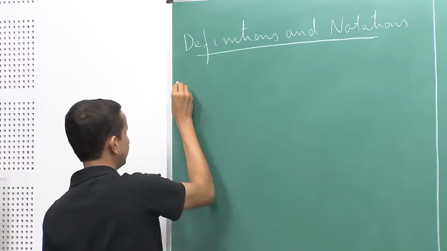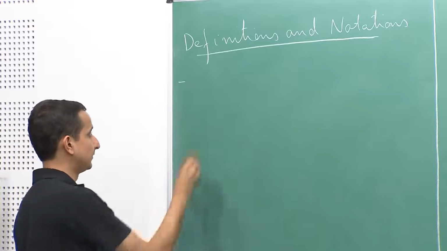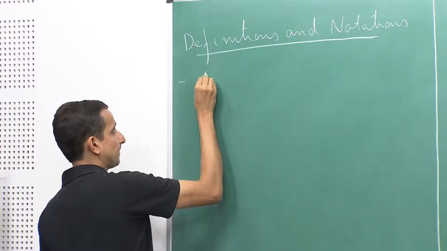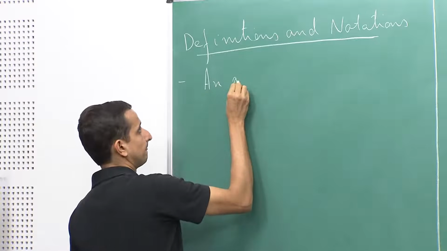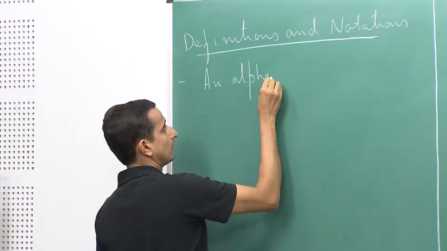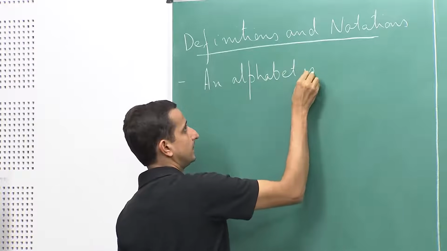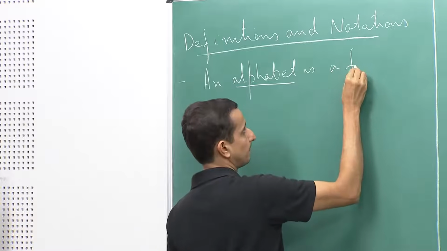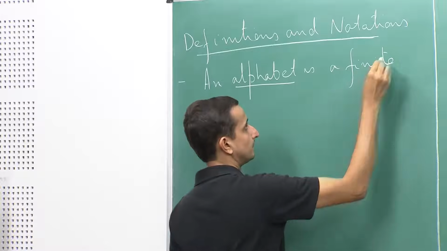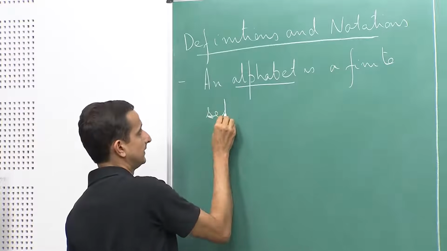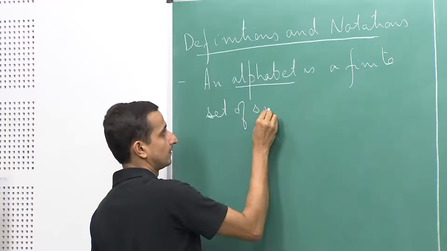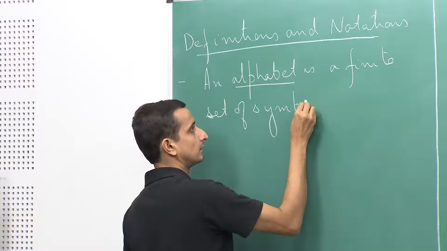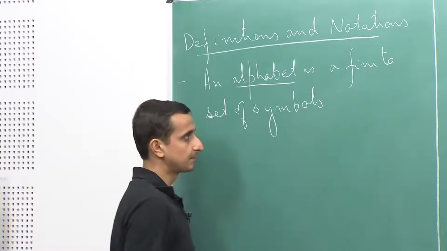So, the first thing that we will define is alphabet. An alphabet is a finite set of symbols.